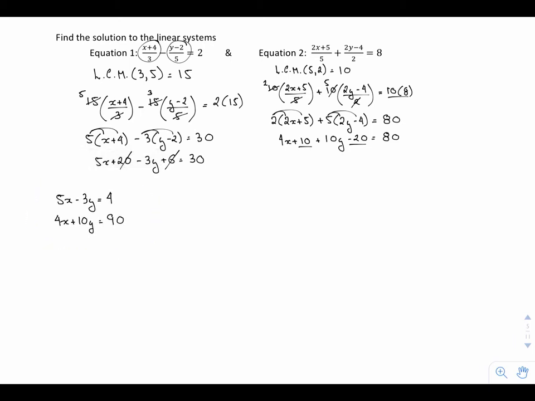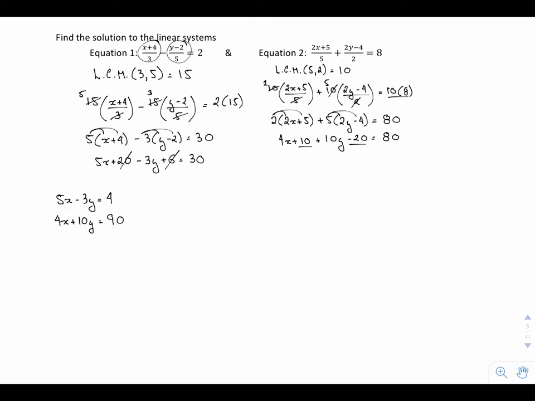Now, I can use the method of substitution or elimination. Substitution is usually a good idea when you have a variable with a coefficient of plus or minus 1. In neither of these cases do the x or y's have coefficients of plus or minus 1, so I think I'm going to use elimination instead.